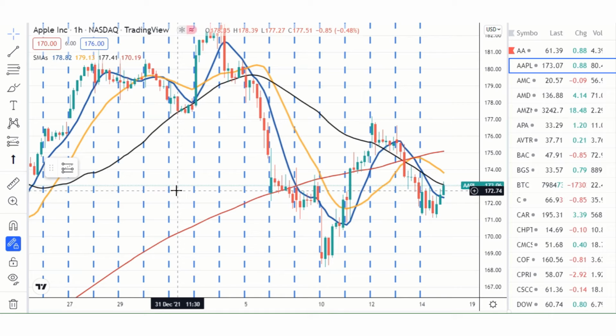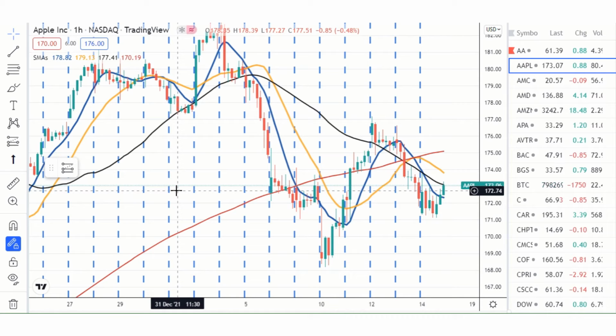So if you're going from small green candles or small red candles to large red candles, usually your stock is going down. If you're going from small green candles to all of a sudden large green candles, that's usually where your stock is headed, and that'll be a good time to enter a call trade.